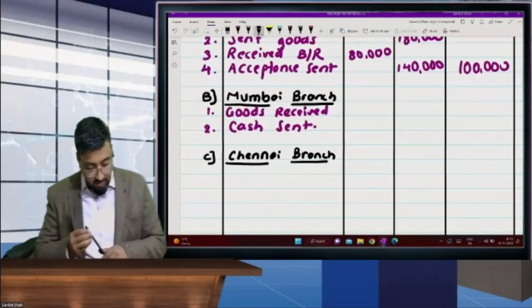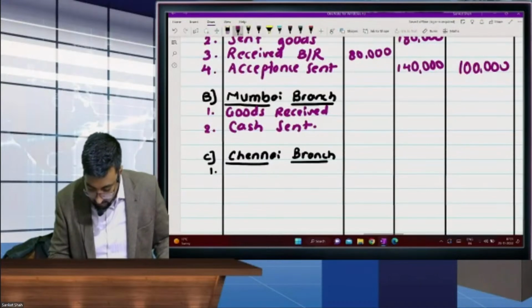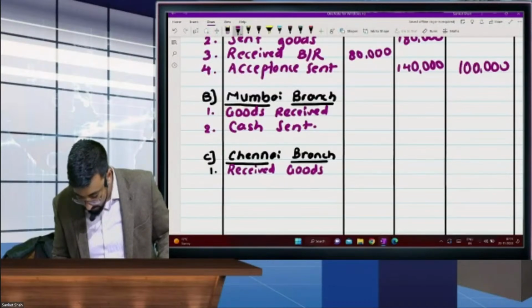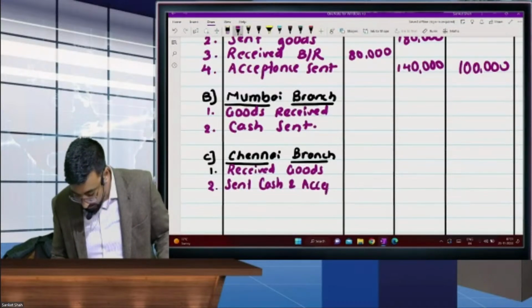In Chennai branch, number one, received goods. And second, sent cash and acceptance.